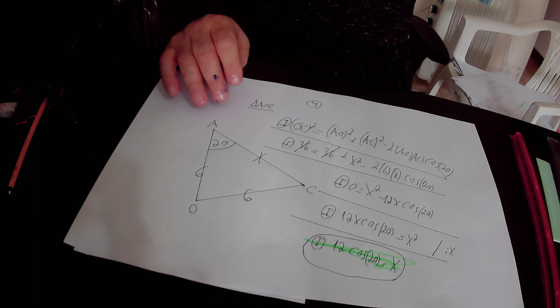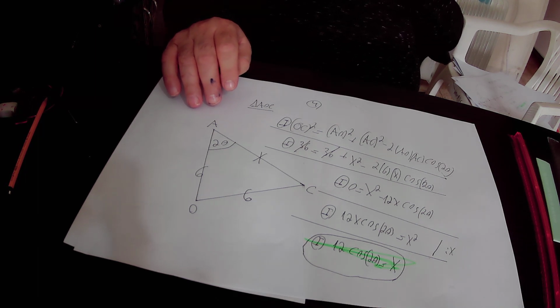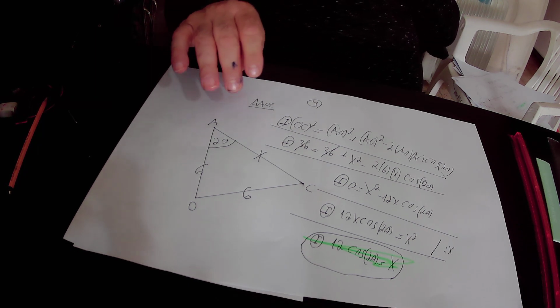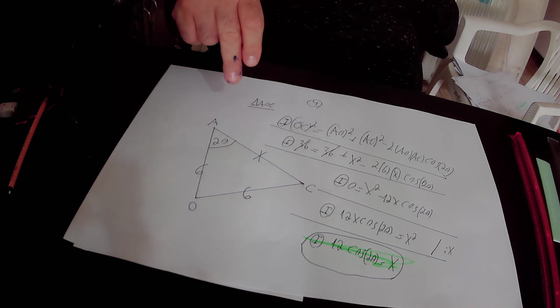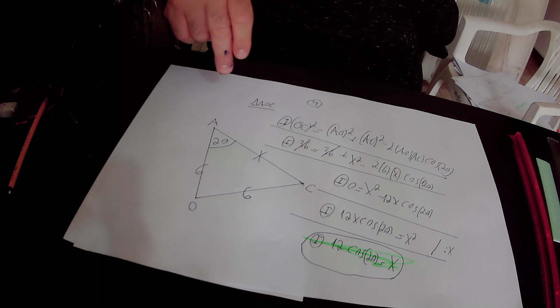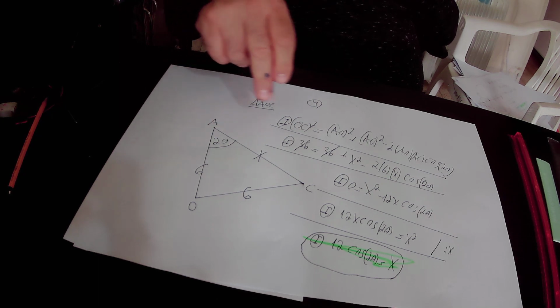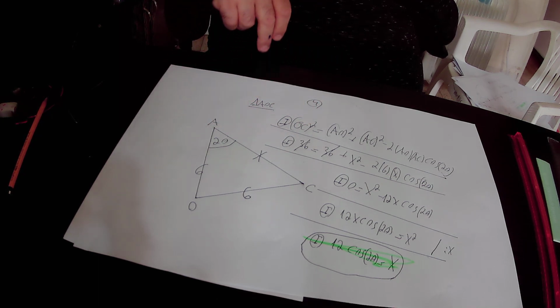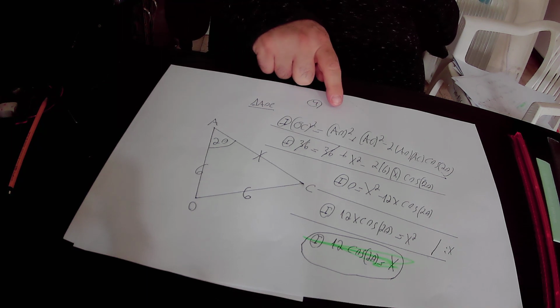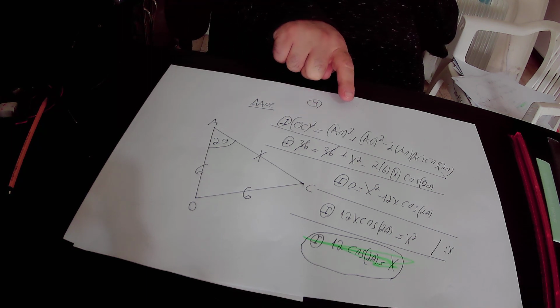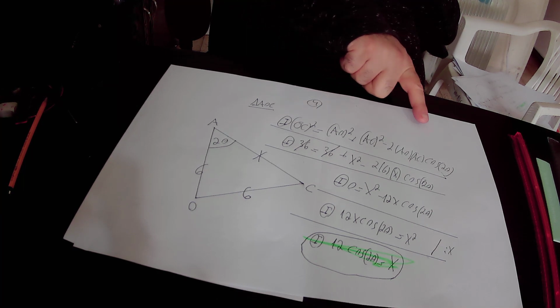Here in triangle AOC, according to the law of cosines, OC square equals AO square plus AC square minus 2 times AO times AC times cosine 2 theta.